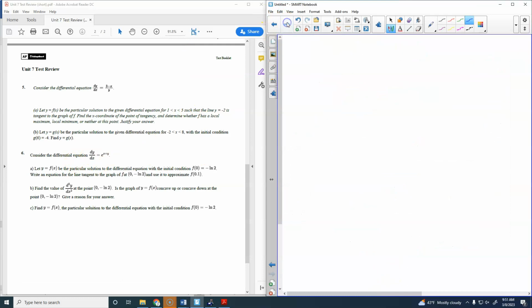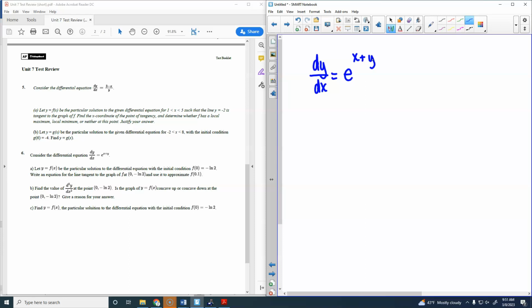where I have dy over dx equals e to the x plus y. A and B, it doesn't matter. I don't think you really have to separate, but for C, when it asks you to solve, you're going to have to separate that.